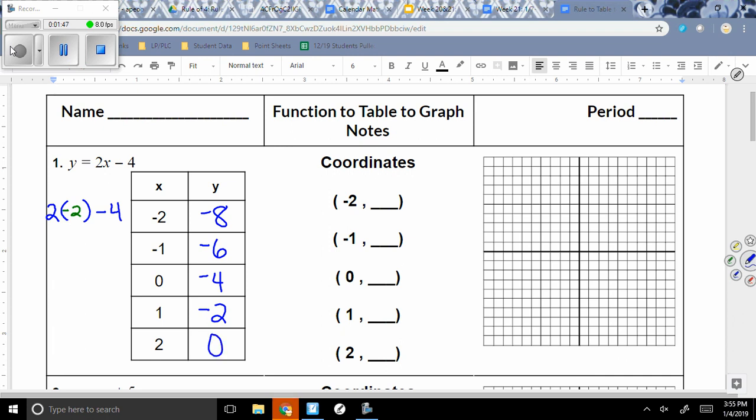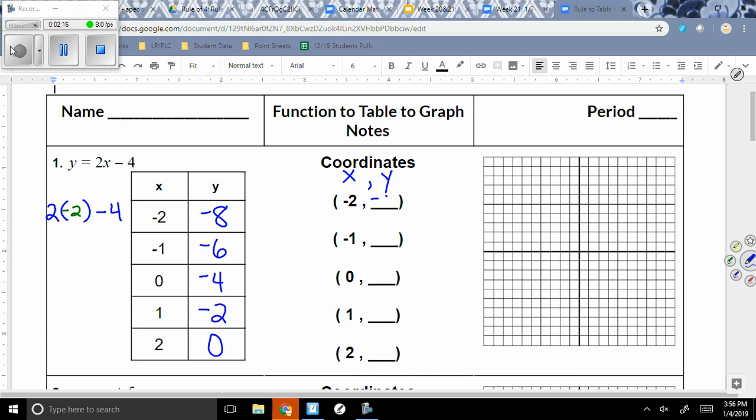Now that I have my table completed, we're going to use those values as what we call coordinates. Coordinates have an x come first, and then the y comes in the second spot. You can see that they're in parentheses. That tells you that it's a coordinate that we can graph. They already filled in where all of my x's are, so I just need to put the y value with the correct x value.